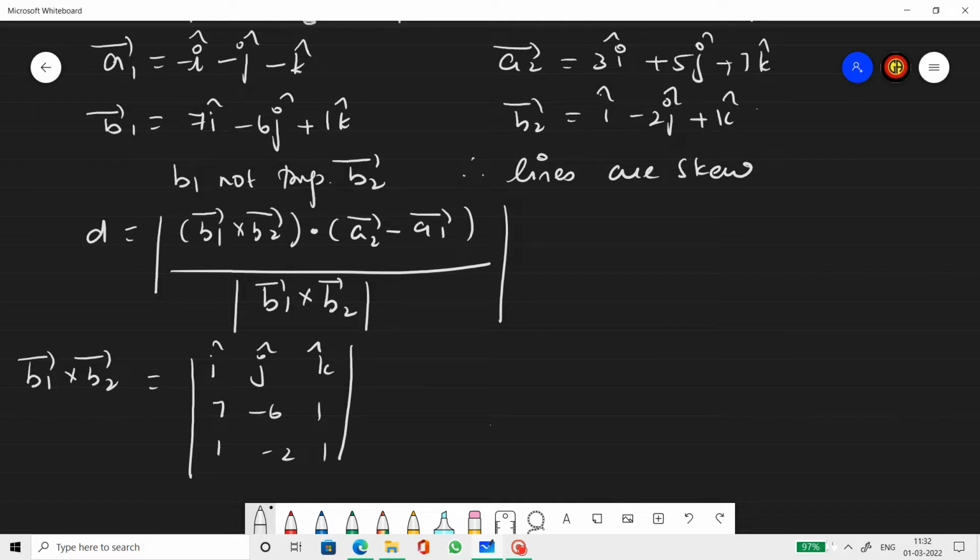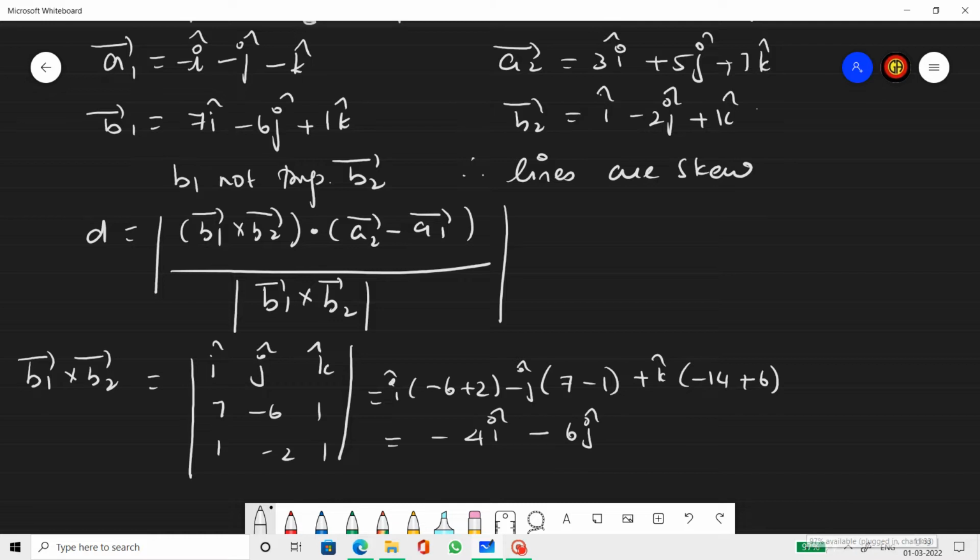So now let's take the determinant. i cap times of minus 6 plus 2, minus j cap 7 minus 1, plus k cap minus 14 plus 6. So we get minus 4 i cap, minus 6 j cap, and minus 14 plus 6 is minus 8 k cap.